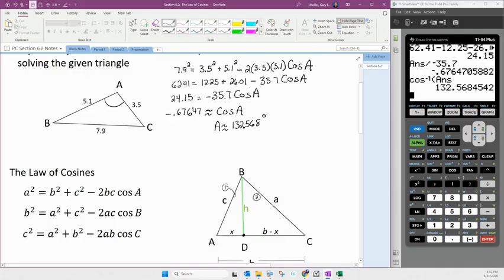You will notice we have no worries of an ambiguous situation with the law of cosines because there are not two angles that have the same cosine between 0 and 180. From 0 to 90, the cosine is positive, and from 90 to 180, the cosine would be negative. So we'll never have a situation with the law of cosines where it's like, is it this or the supplement, like we do with the law of sines? Which is why I used the law of cosines, since I had a choice, to find the biggest possible angle.